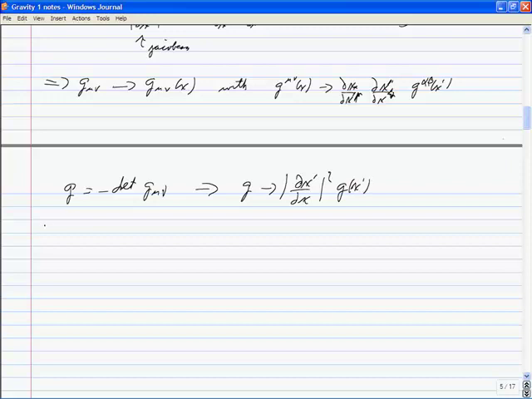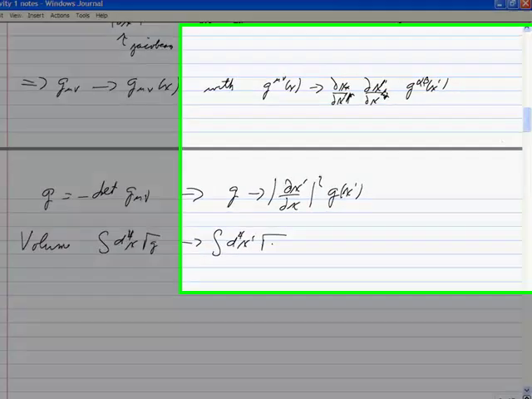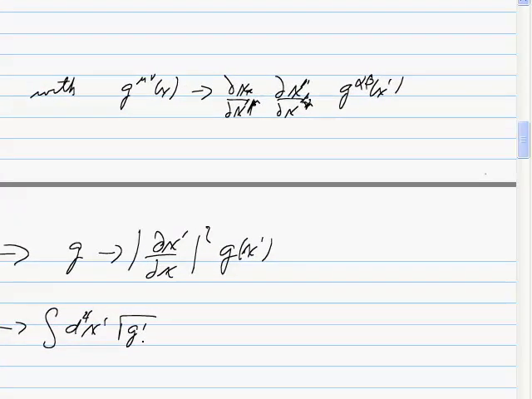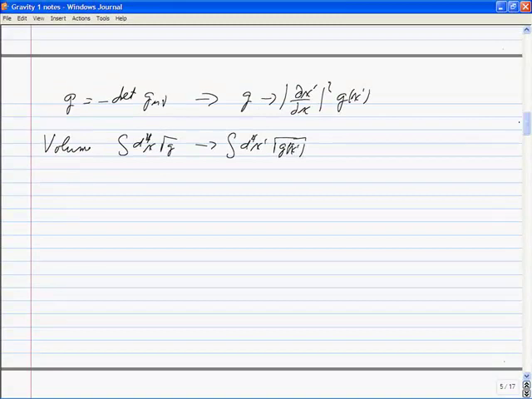Such that the volume elements, d4x square root of g goes to d4x prime square root of g prime. Okay, so this is the standard construction.